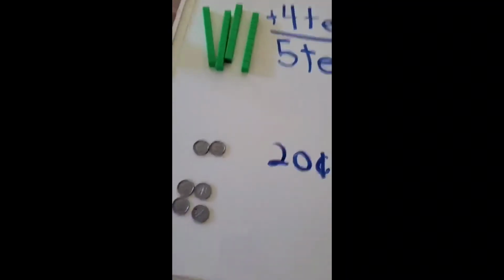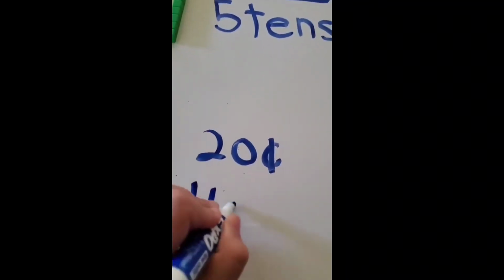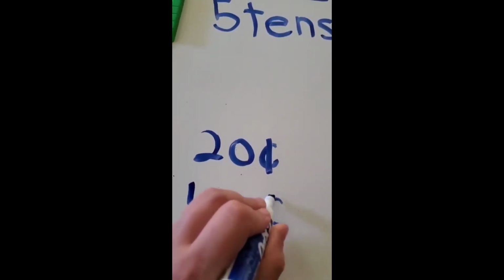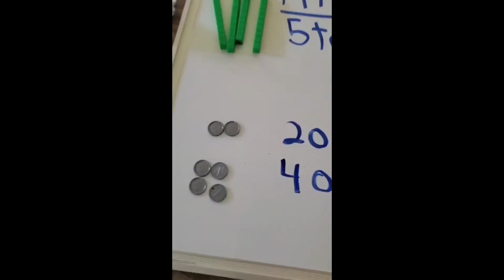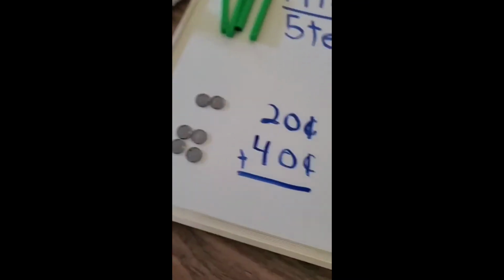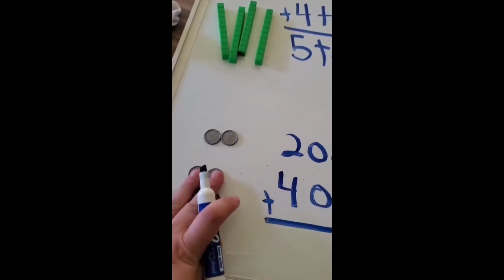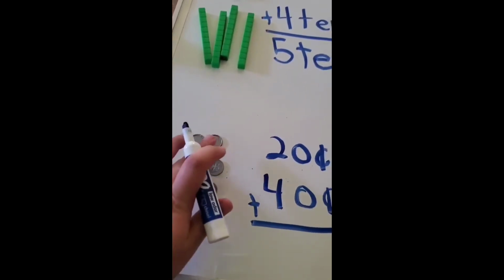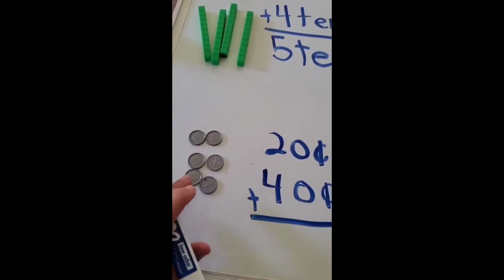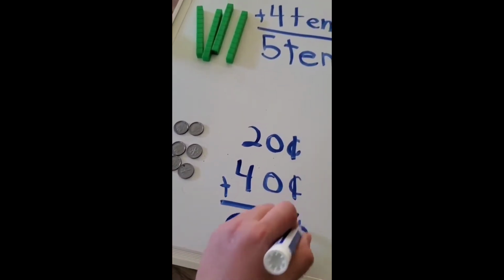So there's 40 cents. Great. So what is 20 plus 40? So if we use our dimes, let's count them. 10, 20, 30, 40, 50, 60. 60 cents. Did you guys get that answer?